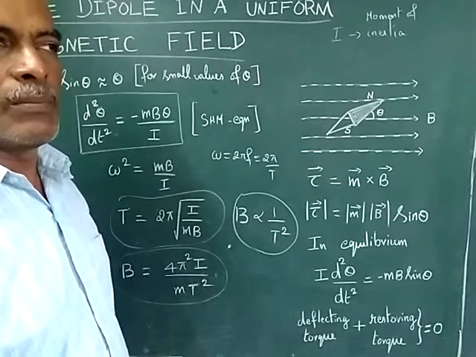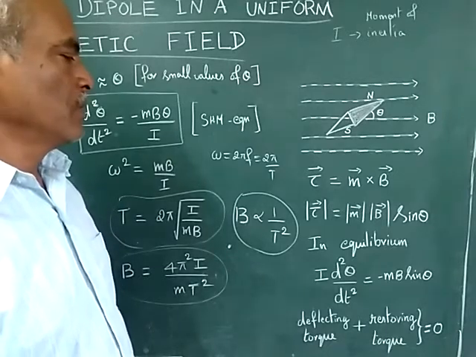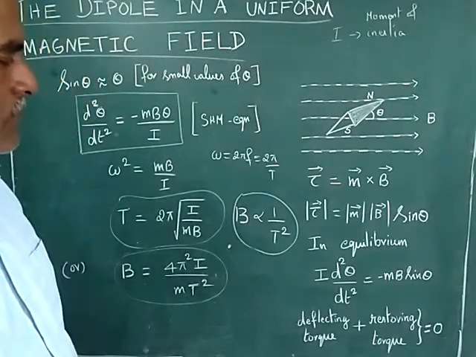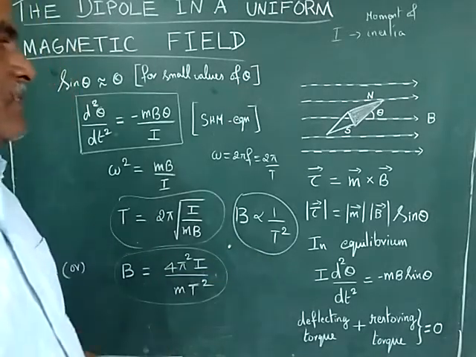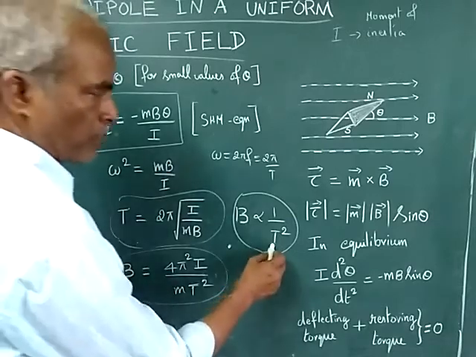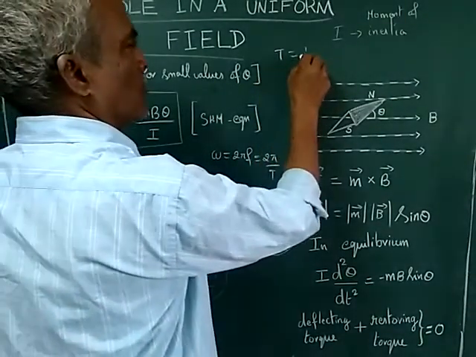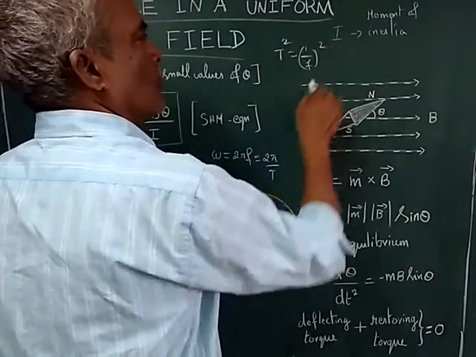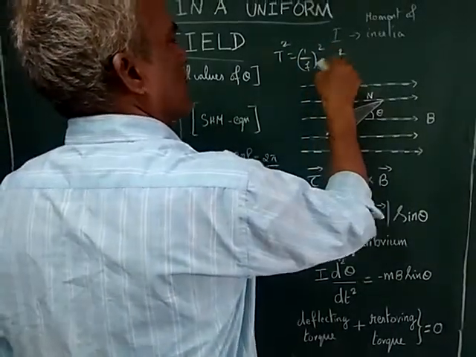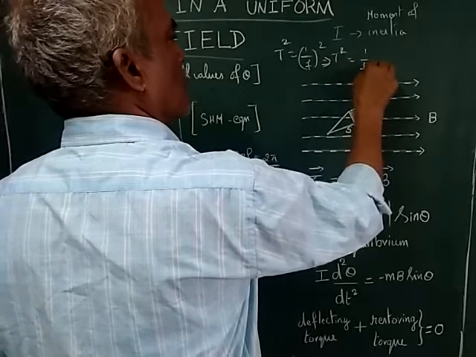You already know that T is equal to 1 by frequency. So what do you conclude? F is equal to 1 by T, or T is equal to 1 by F, which implies T square is equal to 1 by F square.